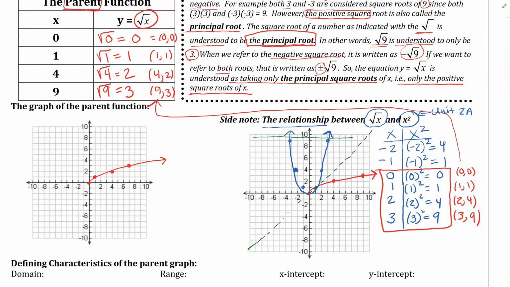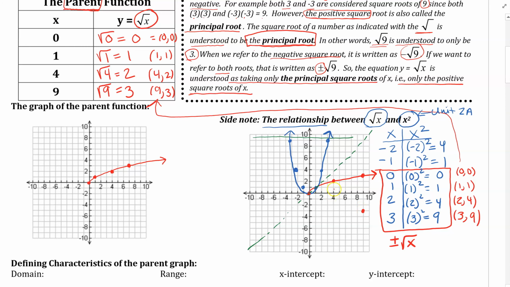Although you might be wondering, but Ms. Lasner, it's only showing like half. And I would say yes, you are correct. That has to do with this whole principal root thing because I'm only taking the positive square root. But let's suppose I did also take the negative square root. When I thought about the square root of 9, I allowed it to be both positive and negative 3. Well, that would give me a point here.